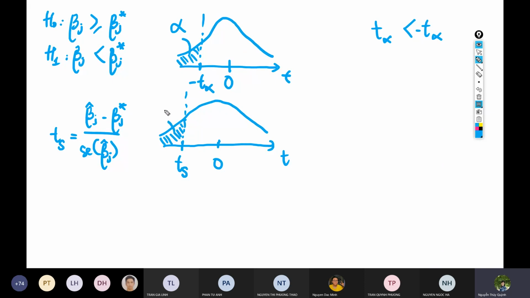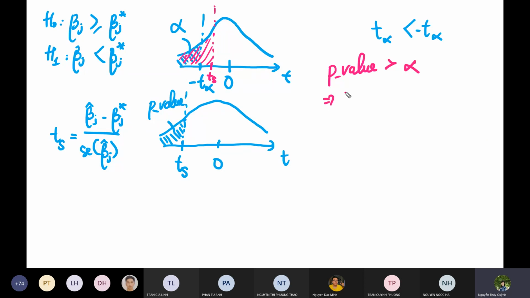If our TS is here, then our p-value will be this pink area. In this case, you can see that the p-value is greater than alpha, and we do not reject H0, because TS is not less than the minus T alpha.